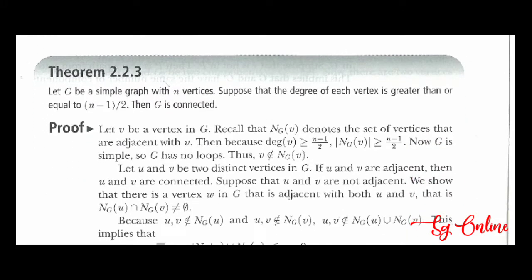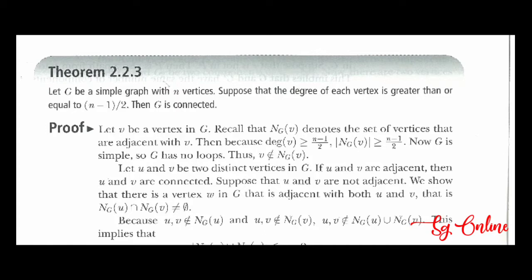Now we can develop this result a little bit, in the way that we do not need exactly the degree half of the number of vertices. If you make the degree of each vertex greater than or equal to (n minus 1) by 2, then also the graph is connected. In the previous theorem we got that if there are at most 2n vertices and the degree of each vertex is greater than or equal to n, then the graph is connected.